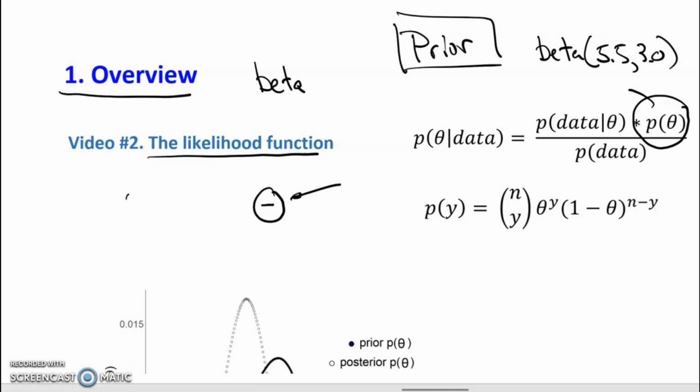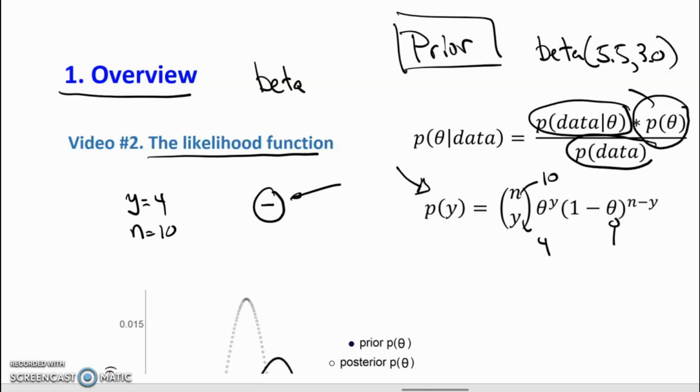And then our data consisted of y equal to 4 successes, 4 waters, and n equal to 10 trials. And so we evaluated our likelihood function, which was the binomial, by keeping n constant at 10, y constant at 4, and putting in all possible values of theta between 0 and 1. We also evaluated the marginal probability of data, and we arrived at our goal, the posterior distribution of theta.